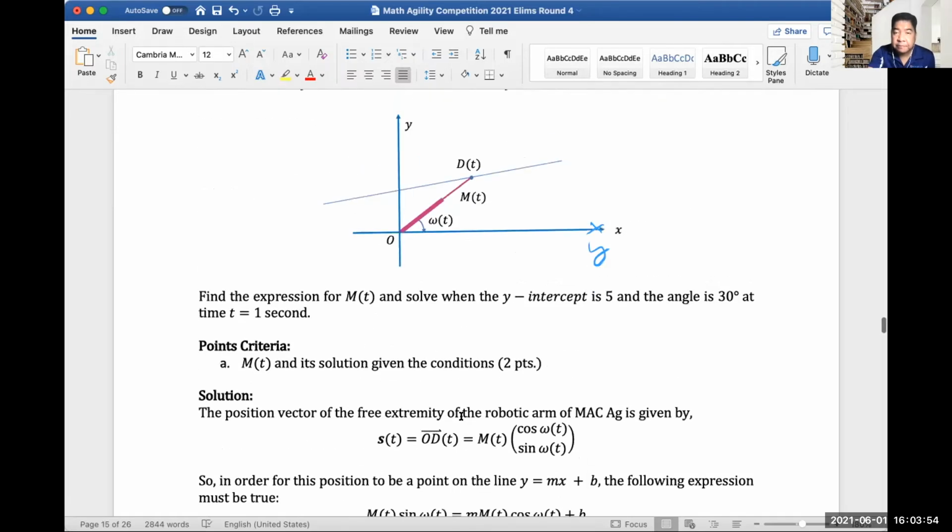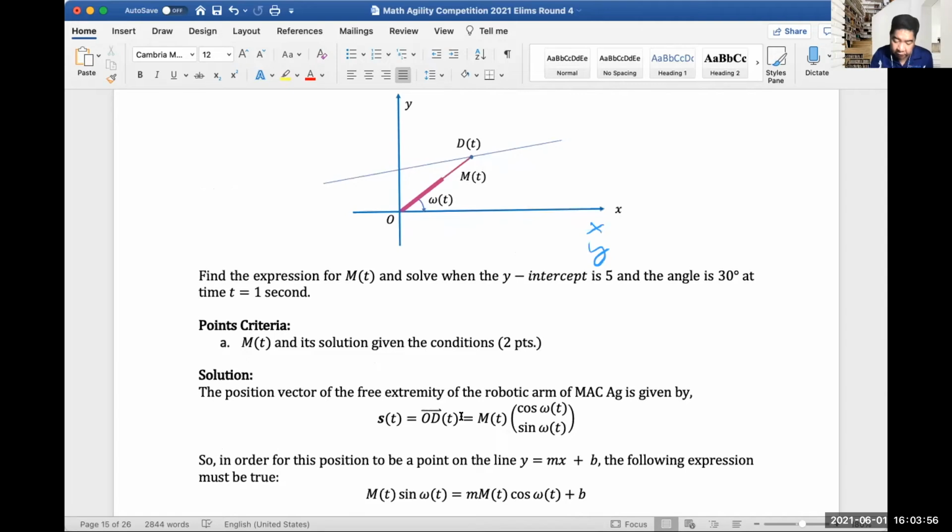So if you try to draw this, this would be your m of t, right? So this is cosine omega t and sine omega t, your y component. So multiplying m of t by those components is actually what we did here, right? But in vector or matrix form.